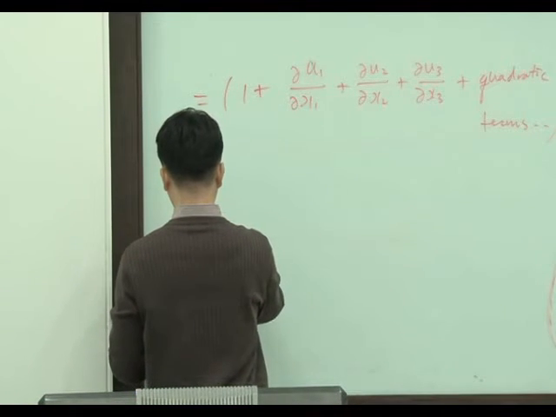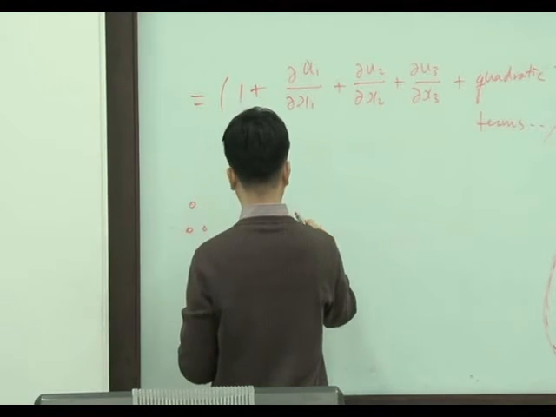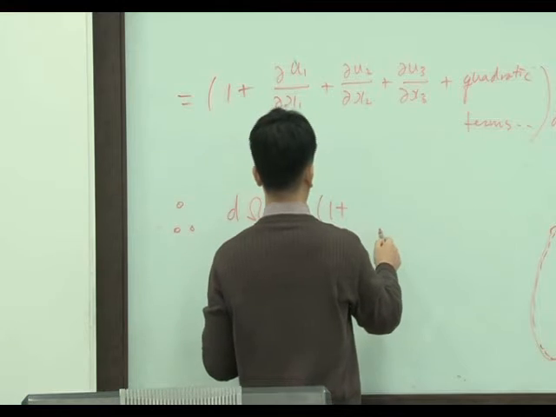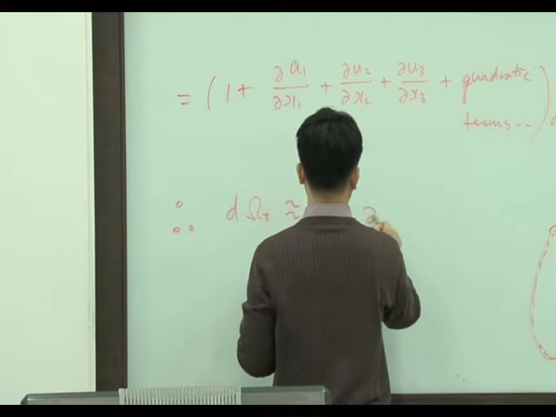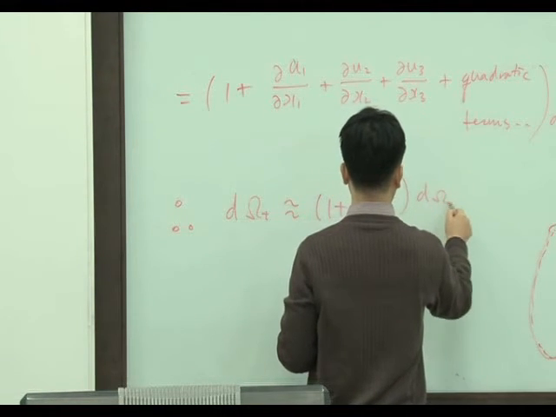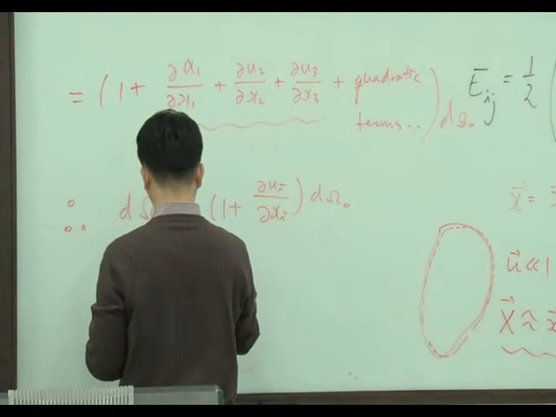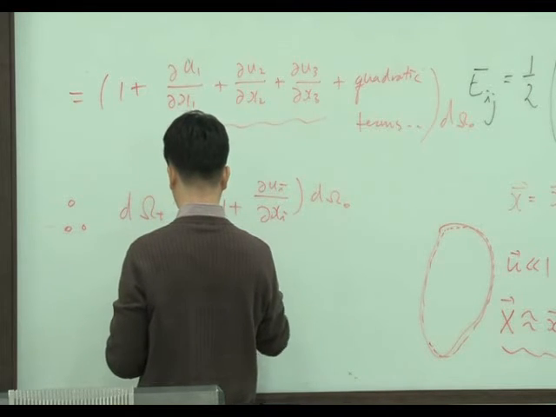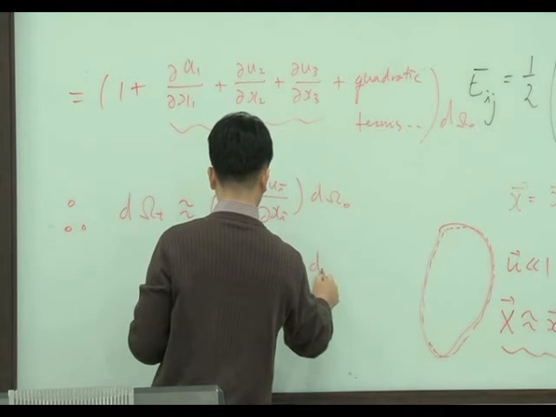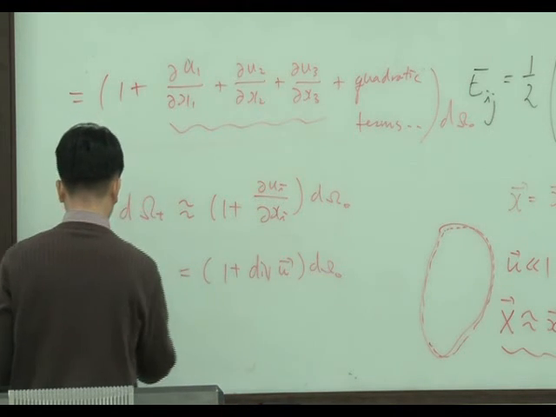So finally, we can find the volume change equals 1 plus partial xi partial ui d omega 0. So we can have only these three, or 1 plus divergence u d omega 0. You know divergence, right?